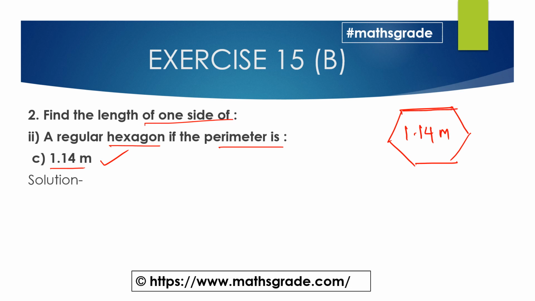Perimeter is the sum of all the 6 sides, that is 6 multiplied with length of one side, and it is given that the perimeter is 1.14 meter. So we have to find the length of one side.